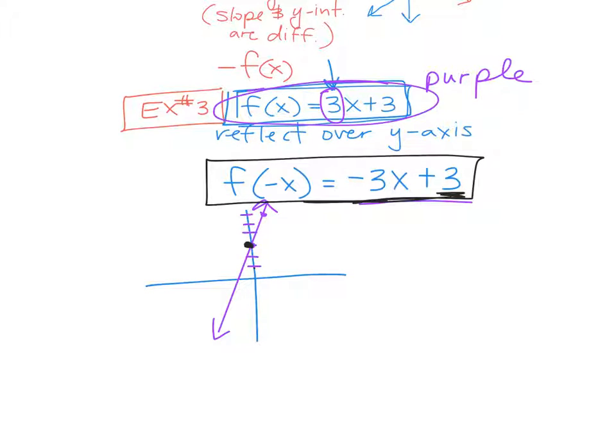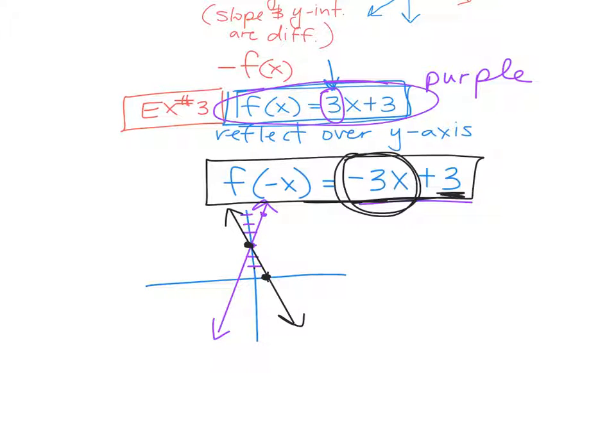Down 3, 1, 2, 3, over 1. That's going to put me here, which is going to give me this graph. Okay, I just reflected it over the y-axis. So when you need to come up with an equation, if it goes over the y-axis, this is the only thing that changes. You make it negative.